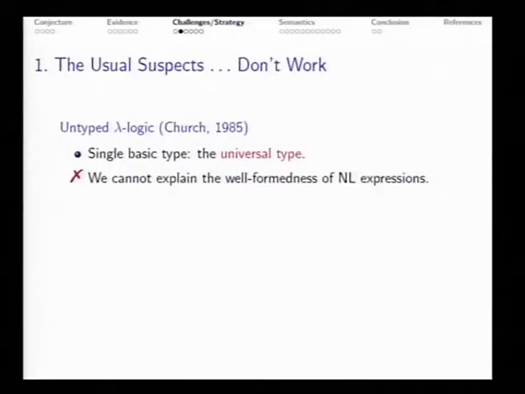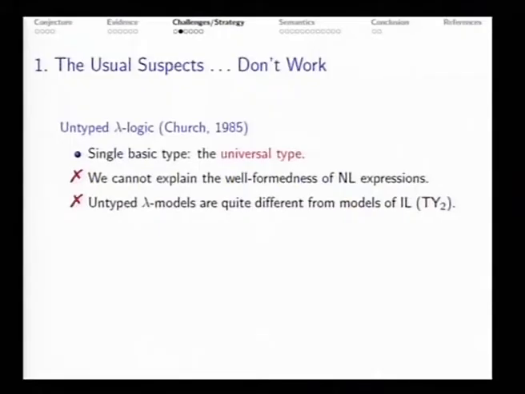The problem is that because in the untyped lambda calculus we do not make a distinction between functions and arguments, we can essentially apply anything to anything, and as a result we will no longer be able to explain the well-formedness of natural language expressions. Also, because models of the untyped lambda calculus are quite different from models of Montague's intensional logic or from models of Gallin's logic Ty2, we refrain from using these models as our single-type semantics.